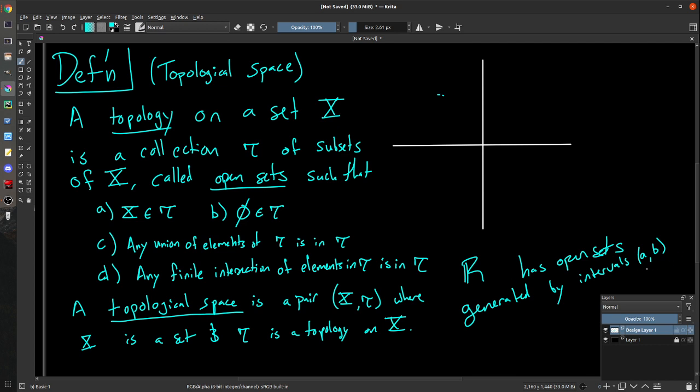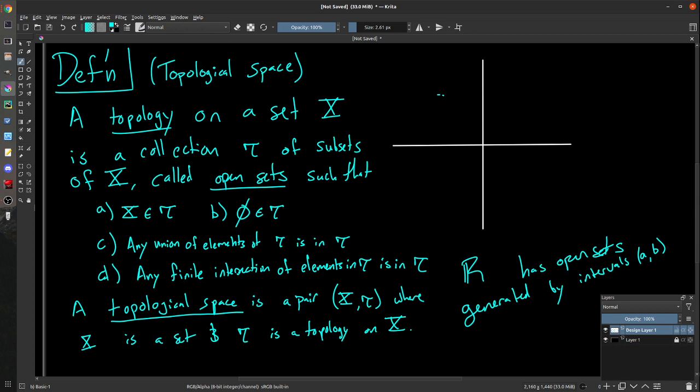And then you could look at intervals like the open interval from 0 to 1, and the open interval from 0 to 2. Take the union of those two, and that would be another open interval. Or take the open interval from 0 to 2 and the open interval from 0 to 1, take an intersection, and you'll get the open interval from 0 to 1. That's still in the topology.